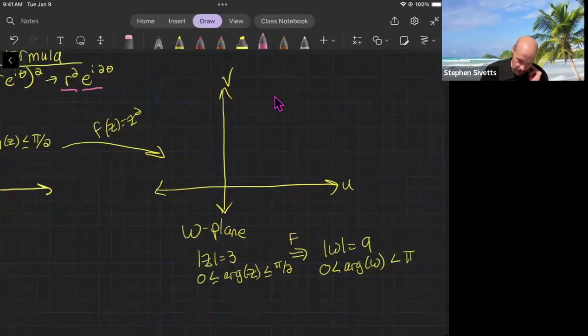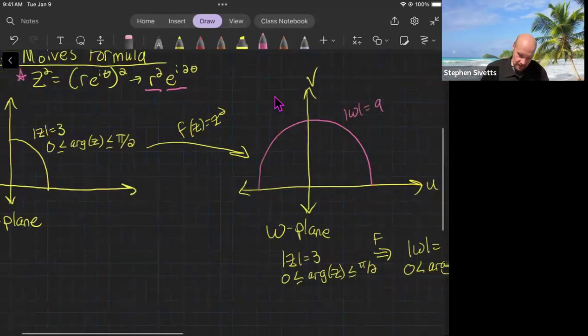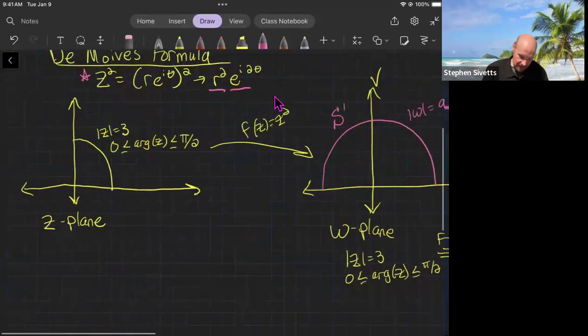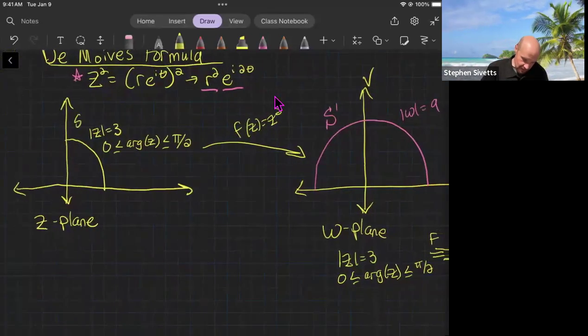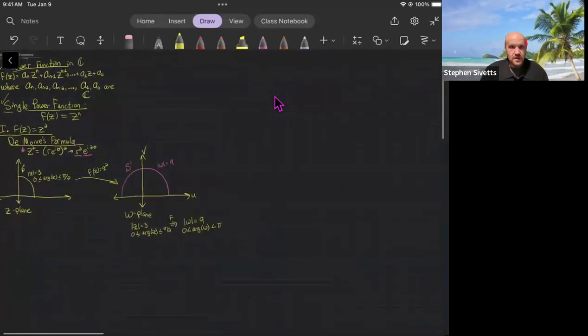So in the w plane, this will constitute the upper half circle where the modulus of w is 9. This is S prime and S is over here. So this is what the image would look like. It's just a bigger upper half circle. Hopefully that made sense.